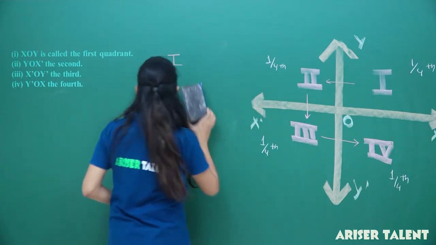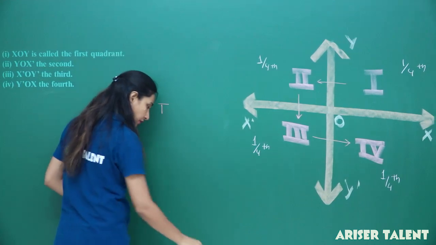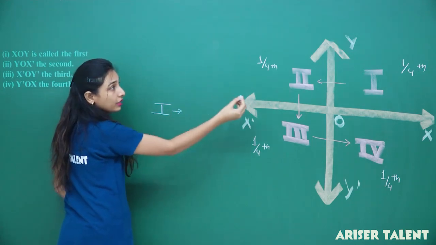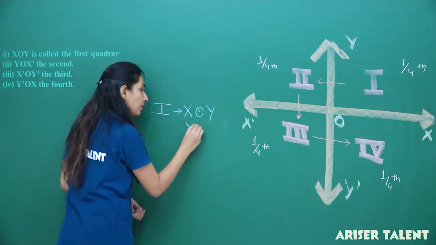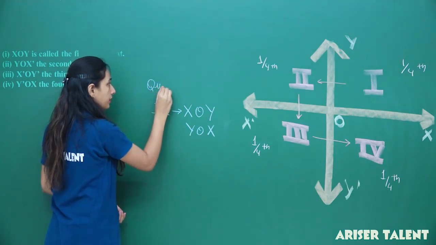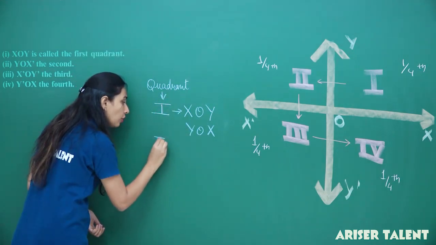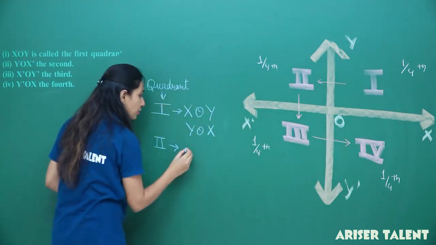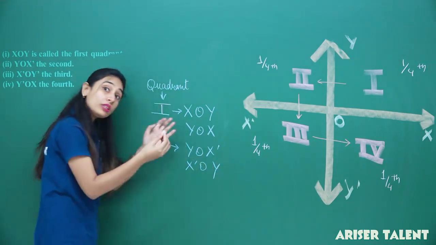That is x O y, or can I say y O x, this is similar. Now if I talk about the second quadrant, it is this, so this is y O x dash, or can I say x dash O y, because both are similar.